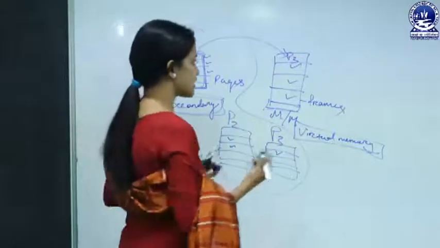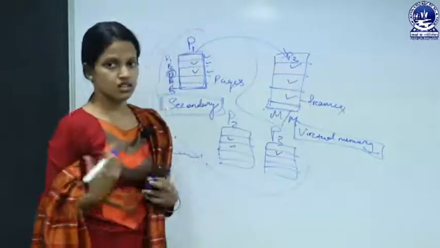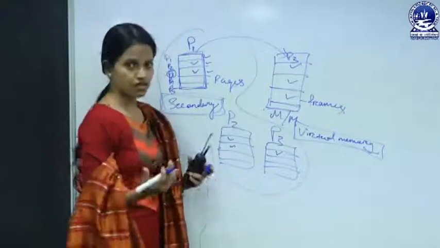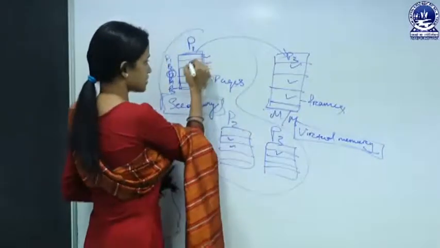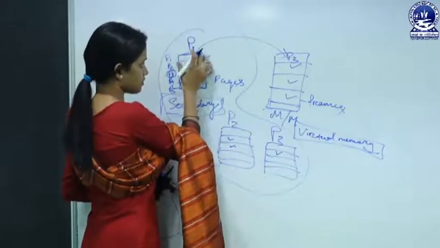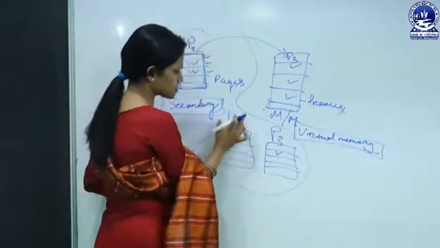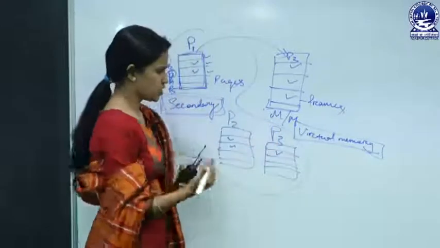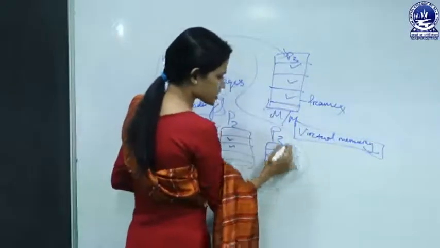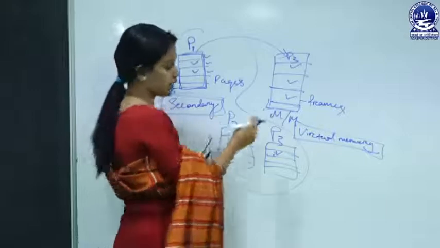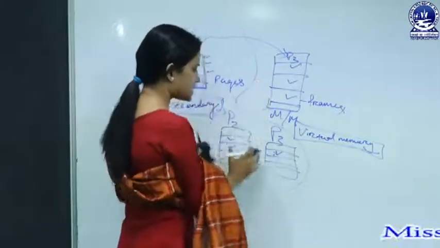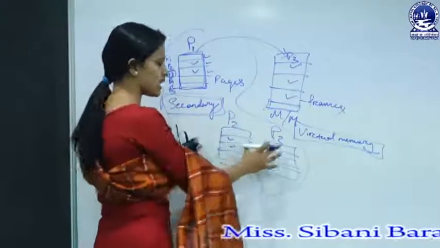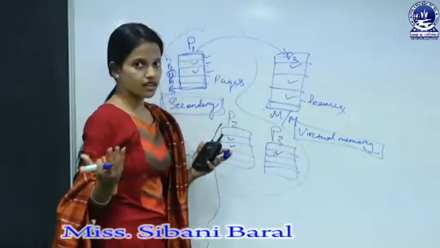And next is, if the main memory requires some pages, like I was saying just before, some pages of P1 or some pages of P2 or some pages of P3. Suppose it requires the second page of P3. Then if that page resides in secondary memory, present in the hard disk, then it's fine.